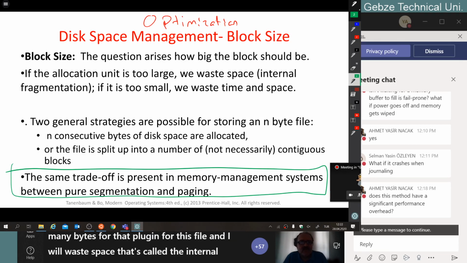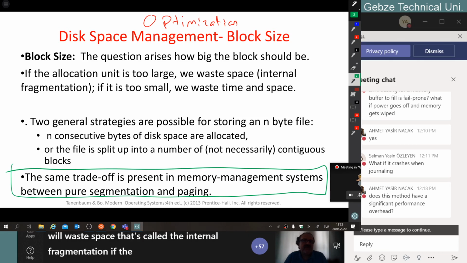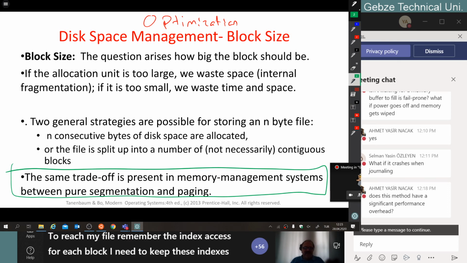If the block is too small, then to reach my file, remember the index access, for each block I need to keep these indexes and I need to follow those indexes. It's wasting time and space. So I need to find a trade-off, a sweet spot between small blocks and large blocks. That's the idea. But it looks like I am out of time today. So I think I will continue on Monday.